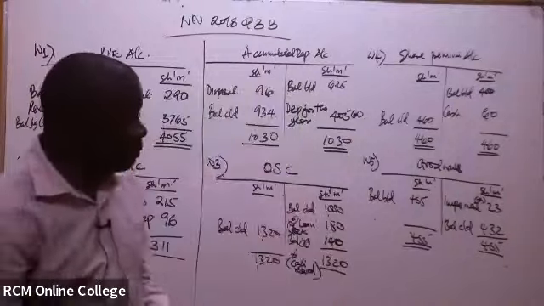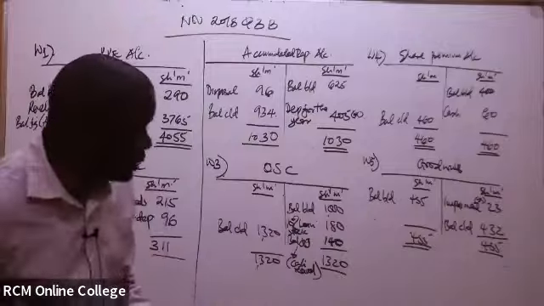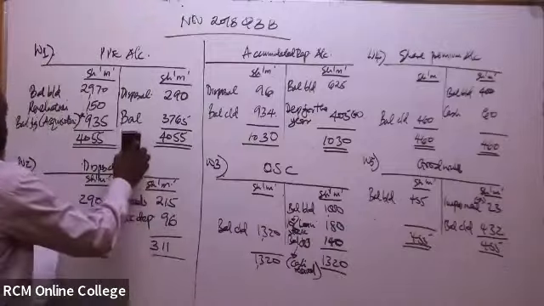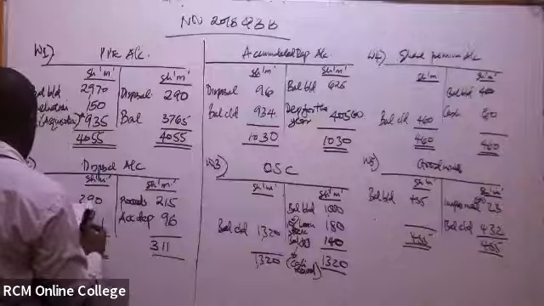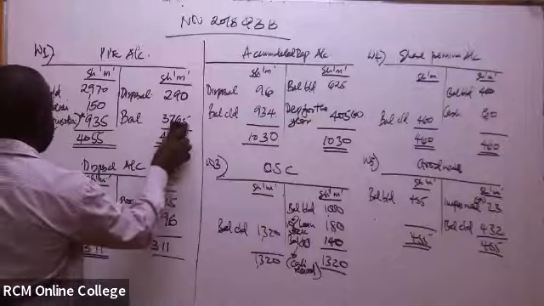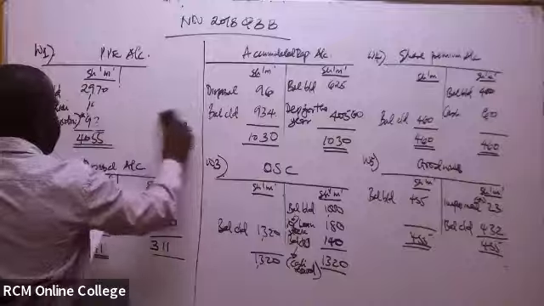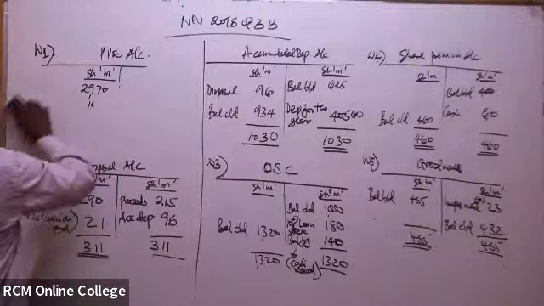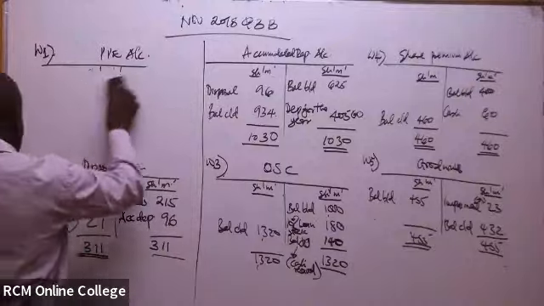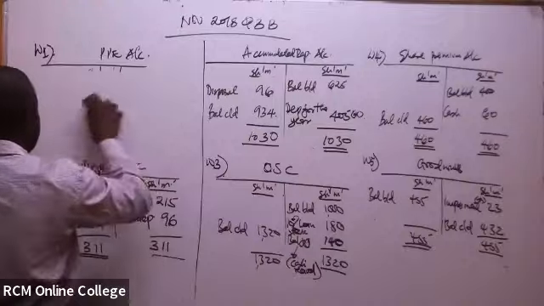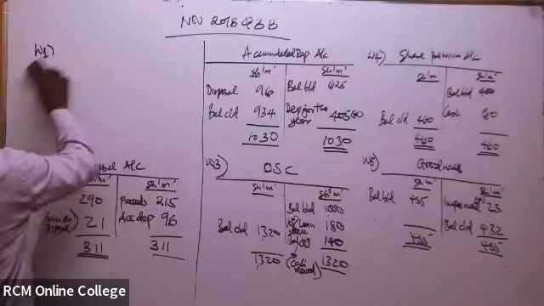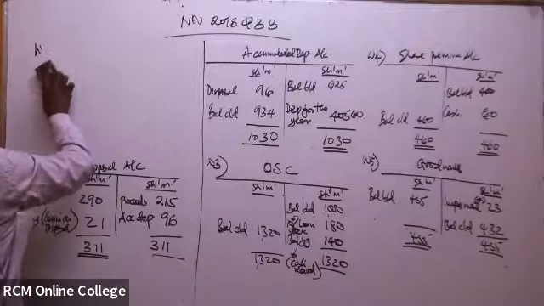So we can prepare the NCI account so that you can see the dividends that were paid to the non-controlling interest. That will end up being 6.